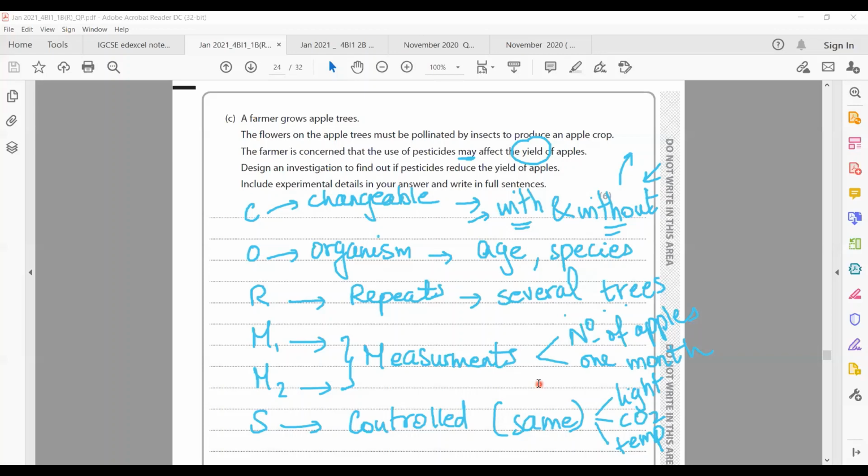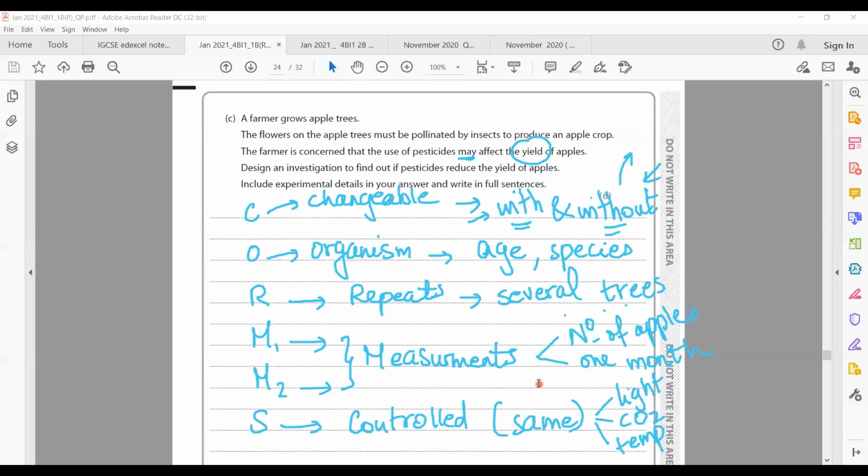Okay. So the trees will be of the same age and same species, and then we're gonna leave it for some time, and then measure the number of apples, I mean, produced from both trees طبعا.